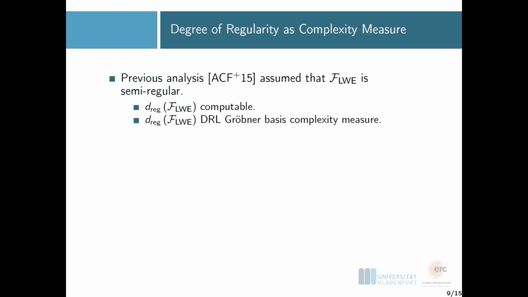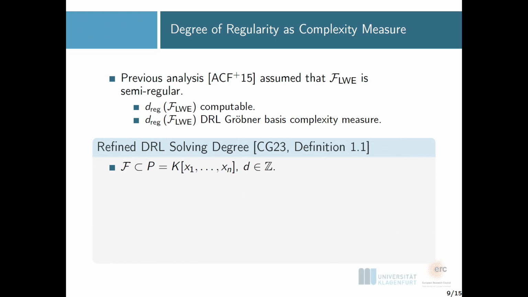And the answer is yes, but we have to refine the algorithm a little bit. So again, we take an input system F and some degree D, and then we set up the Macaulay matrix in degree D for F, do Gaussian elimination, then we get the row space basis B1 of this polynomial system.